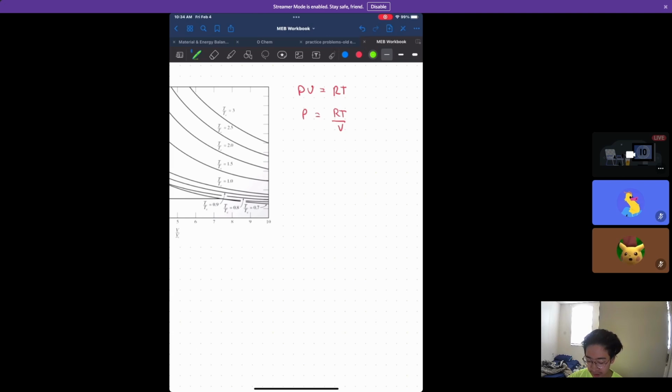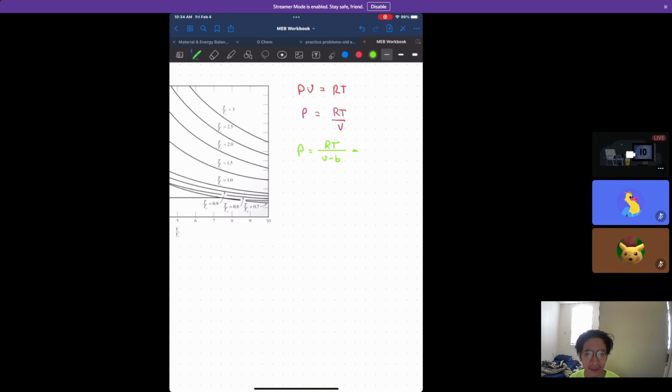The first correction that van der Waals implemented is that the molecules are not in fact point particles and do take up a certain amount of volume, and we call that volume b. And second, the force that the molecules exert on each other is not negligible, and it is characterized by a over V squared.